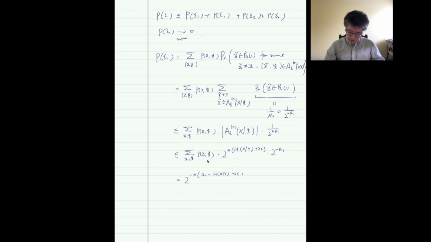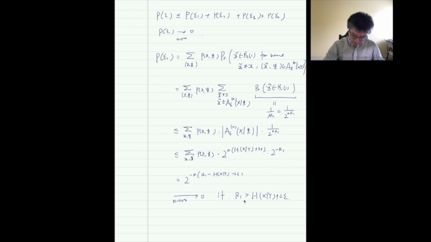In order to make sure this goes to 0 as n goes to infinity, we need R1 to be bigger than H(X|Y) plus 2 epsilon. So we get one part of the achievability region.